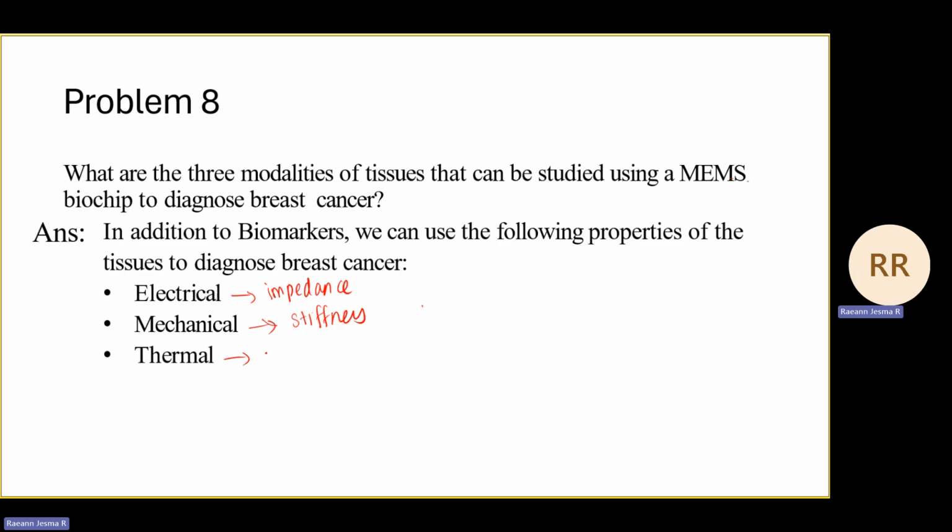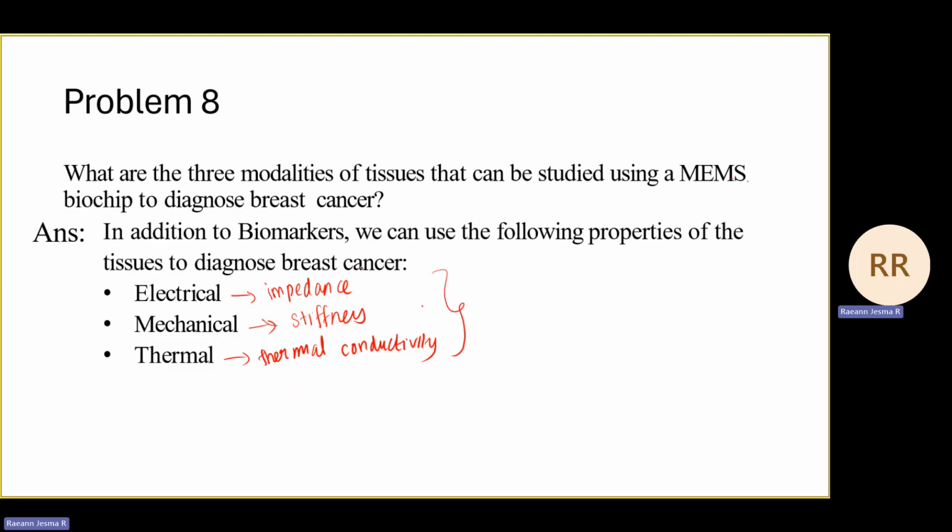In thermal, what we measure is the thermal conductivity. So we use microheaters to heat the cancerous tissue, and we will determine the thermal conductivity. So these are three important parameters that can be used in addition to biomarkers to diagnose breast cancer.